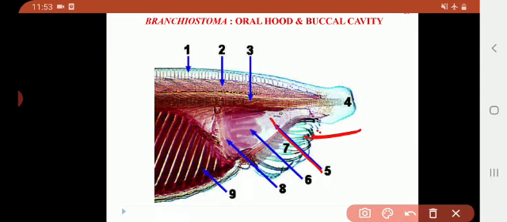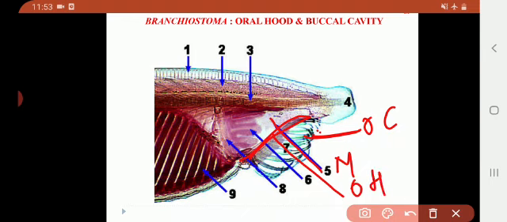It is not visible from outside, but since the organism is transparent, we can see it. This margin plus the oral cirri is what is referred to as the oral hood.